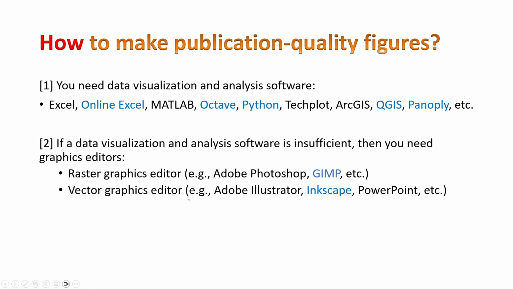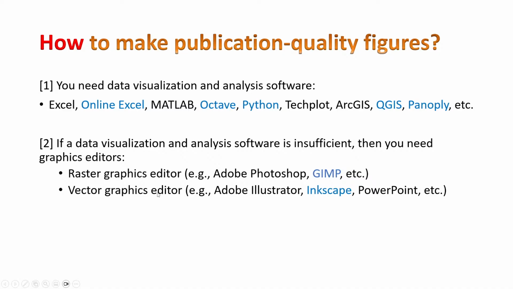You need to understand the difference between a raster image and a vector image. Raster graphical editors include, for example, Adobe Photoshop. And a free version, if you don't have a license for this, would be GIMP.